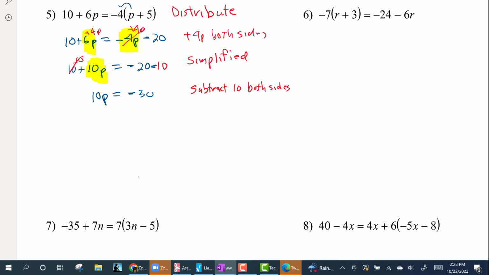So maybe don't do that. So when you divide both sides, that last step, we divided both sides. And we got P is equal to -3, and you could check your answer.